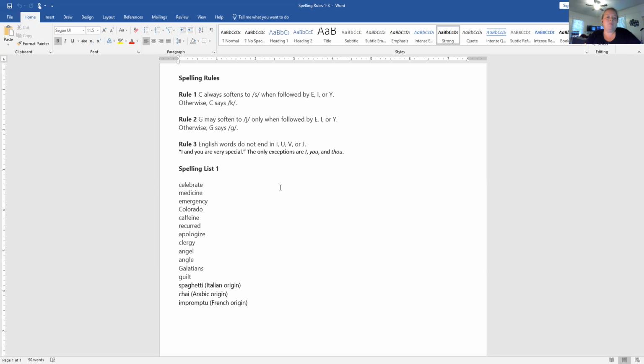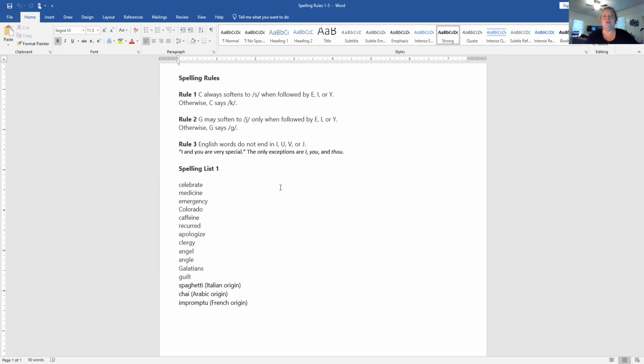Rule 2 regarding the G: you have apologize, clergy, and angel. So you have that J sound in those 3 because they're followed by Y, E, and I. But then this is a big difference. I saw this with more than one student in geometry last year.